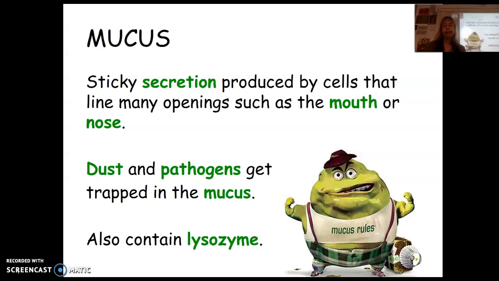And in addition, it also has an enzyme called lysozyme, like we've just spoken about. And the whole idea is that this trapped mucus with the trapped dust and pathogens gets coughed up or sneezed out of our body. So if you can draw an arrow to the nose or where your respiratory tract is and add in these notes about the mucus.